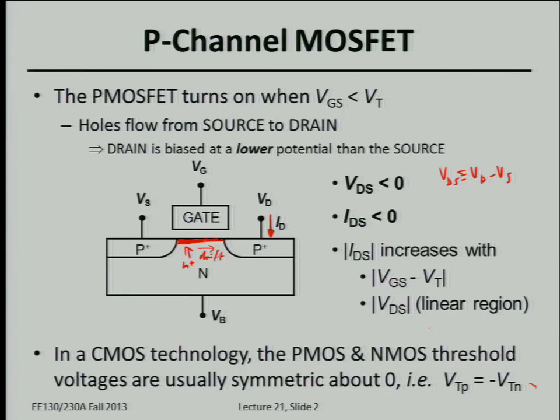So VT for N-channel MOSFETs is anywhere in the range of, let's say, 0.2 to 0.5 volts in modern, state-of-the-art CMOS technologies today. Okay? Because the supply voltage, the maximum voltage used in a circuit, is typically around 1 to 1.5 volts.